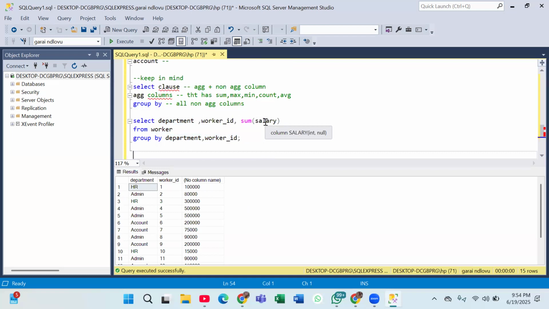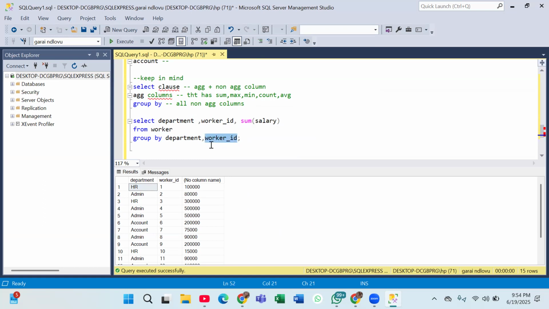Okay, very good. Pragna, if the worker ID doesn't mean anything, do we still need to use that column in the group by clause? Can you please repeat? Not able to understand you. Suppose worker ID means nothing and by mistake we have mentioned it in the select clause.